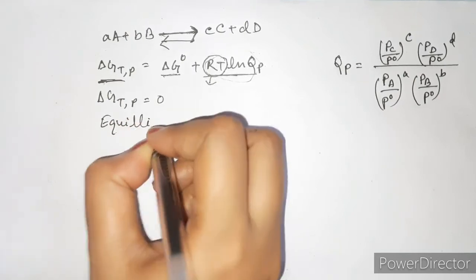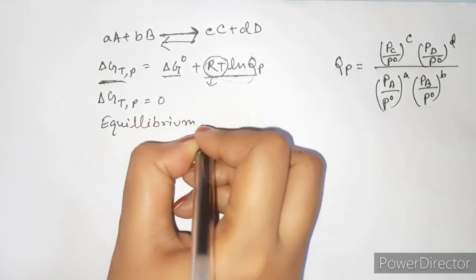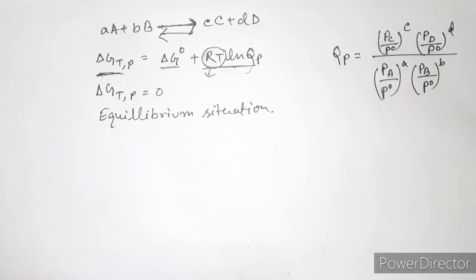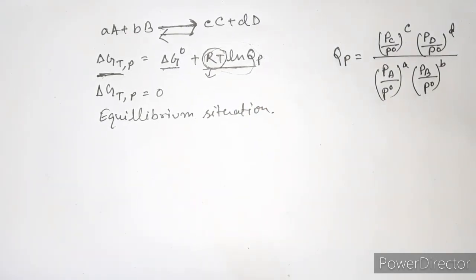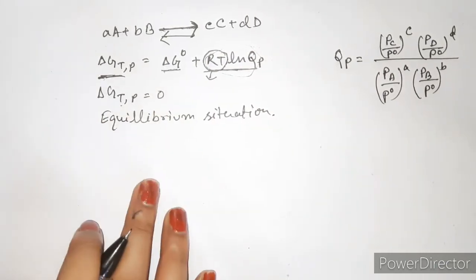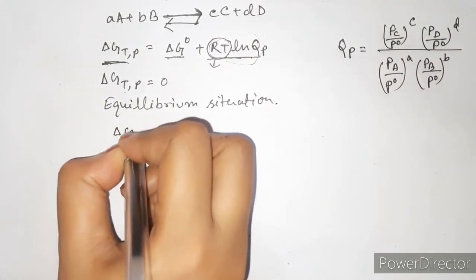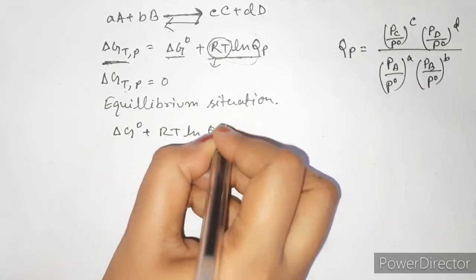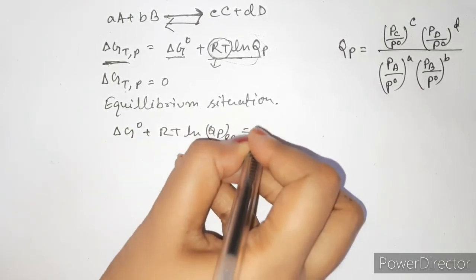In the equilibrium situation, del G is equal to 0. That means del G0 plus RT ln Qp at equilibrium is equal to 0.